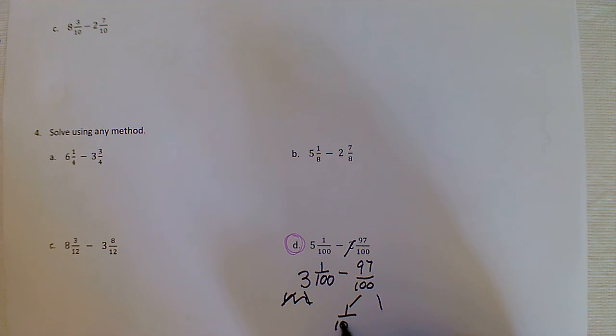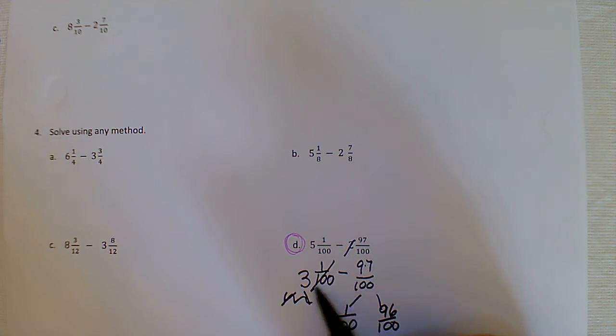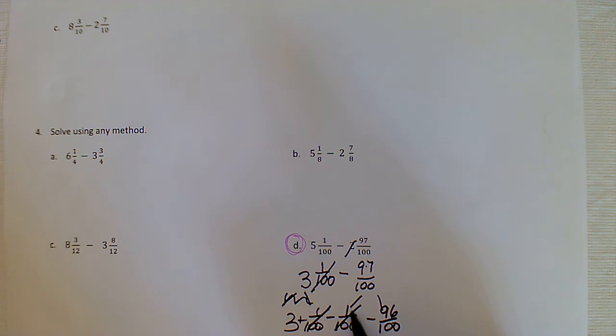We have 1 100th, and we're going to have 96 more hundredths, because 1 plus 96 is 97. So now these two, we have 3 and 1 100th, subtracting out both of these. And these are going to cancel out. 1 100th minus 1 100th leaves us with 0. So now we're just left with 3 minus 96 100ths.